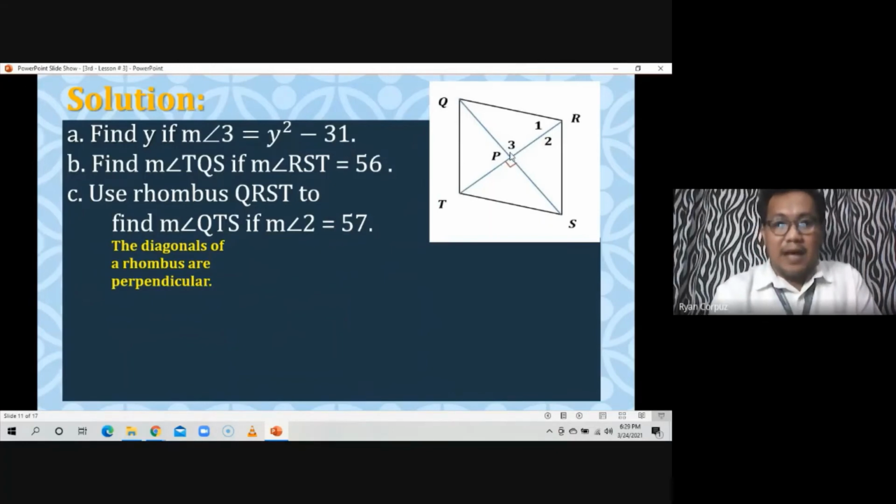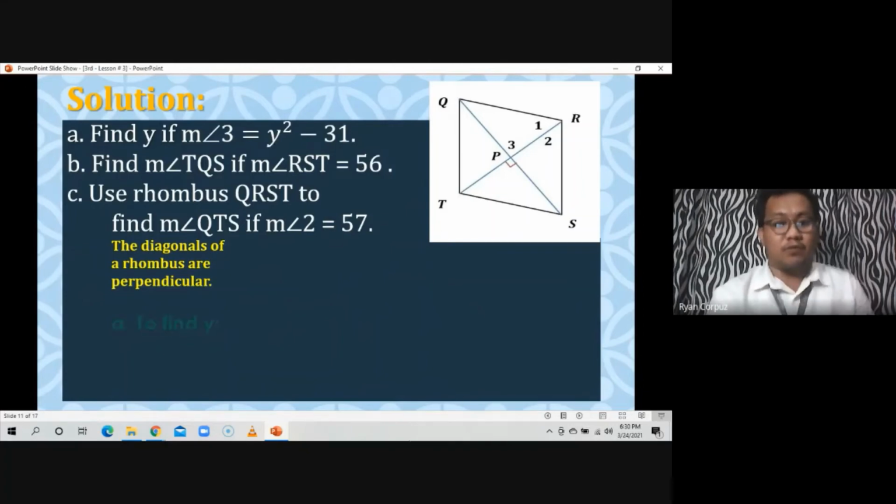If this is angle 3 and its measure is y squared minus 31, then the measure of the other angles there is equal to 90 degrees because they are perpendicular. Angle 3 together with this angle are vertical angles. So we can make use of 90 degrees for us to solve for the value of y.